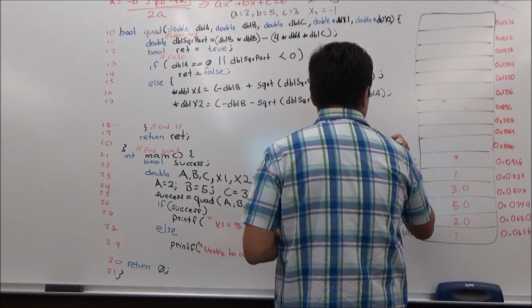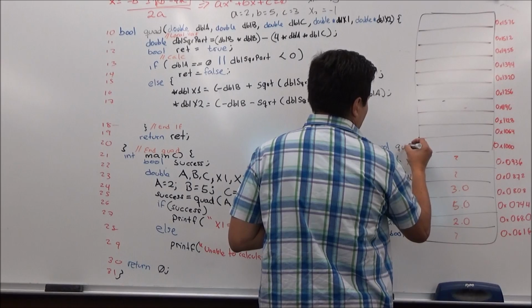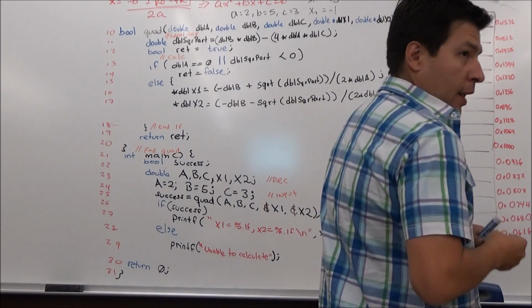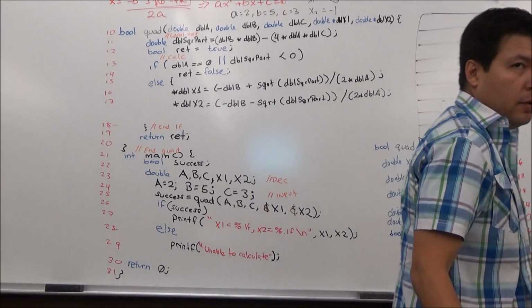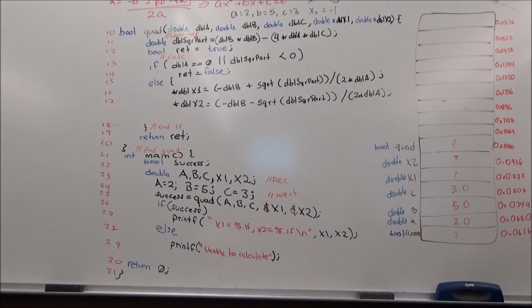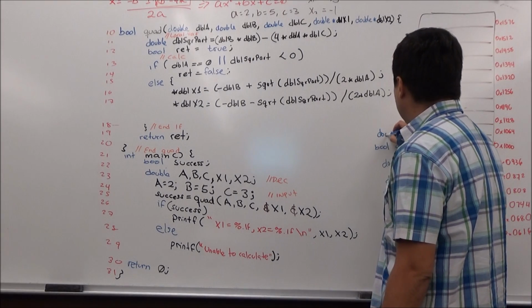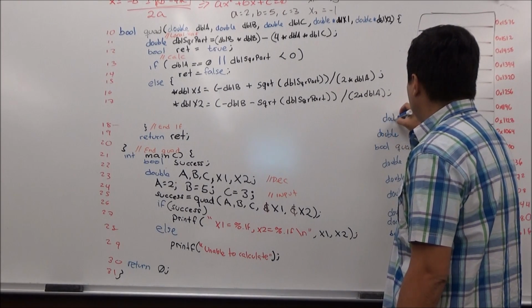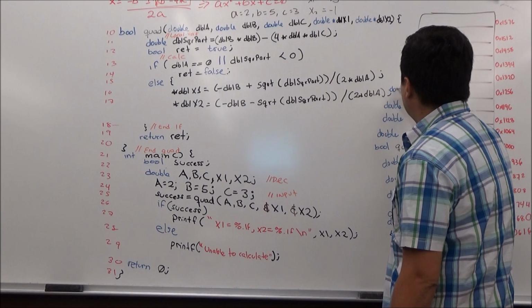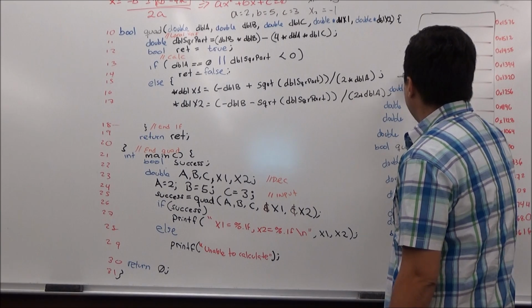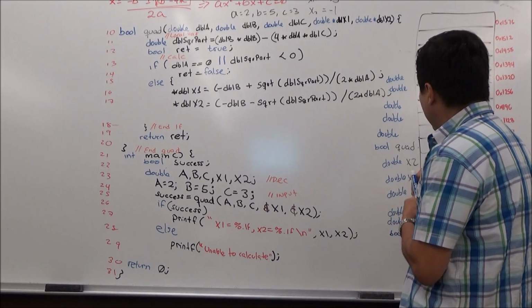It's going to declare the function Boolean called quad right here. And I don't know what the return value is. But that quad function uses 5 values. So I declare those: double, but I call this a little different.